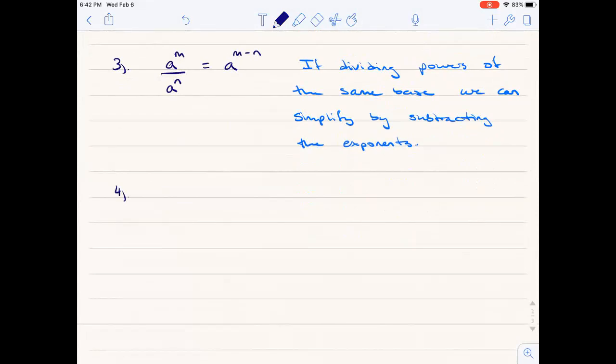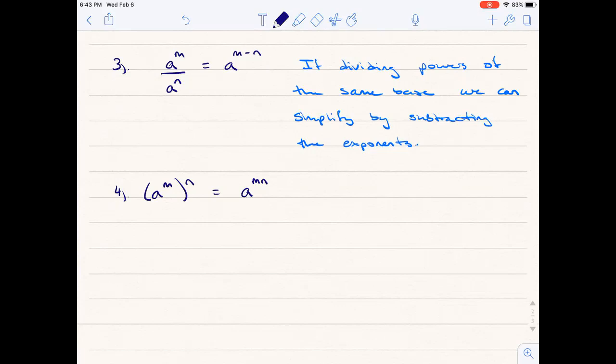Fourth rule. If you have something like A to the power of M all to the power of N, you can rewrite that as A to the power of M times N. This is really just an extension of rule number 1, right? Because if you just treat A to the power of M as one thing, then A to the power of M to the power of N is just A to the power of M times A to the power of M, N times, right?